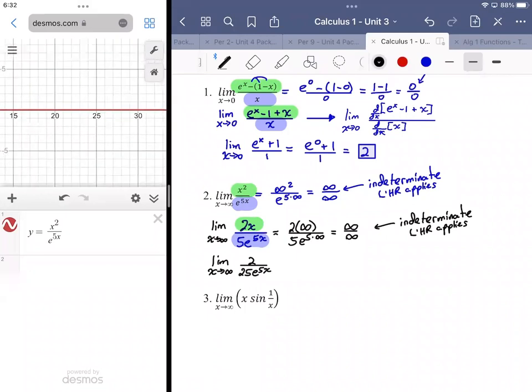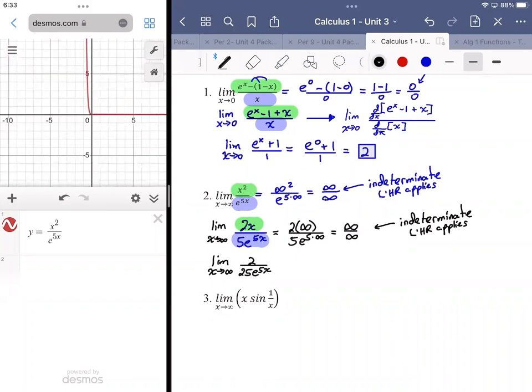All right. So that seems to be what's playing out here, because if I plug in infinity for x, I'm going to get a constant 2 over 25e to the 5 times infinity. So 2 over infinity, that's not one of our indeterminate forms. That's something we can determine the value of. Right?